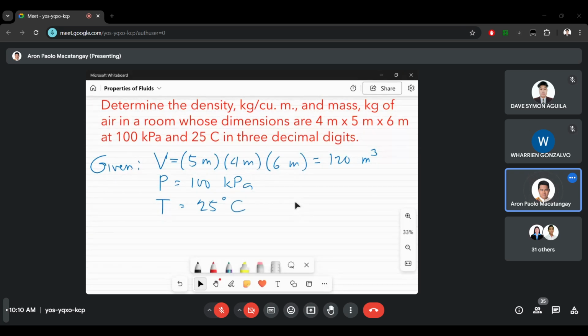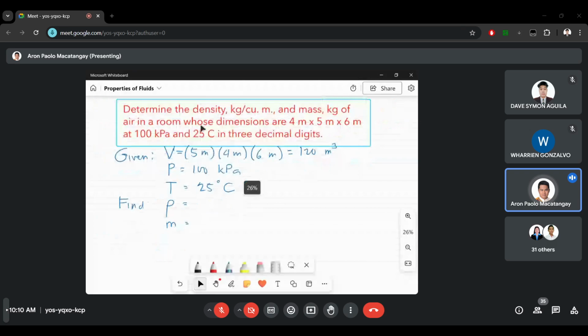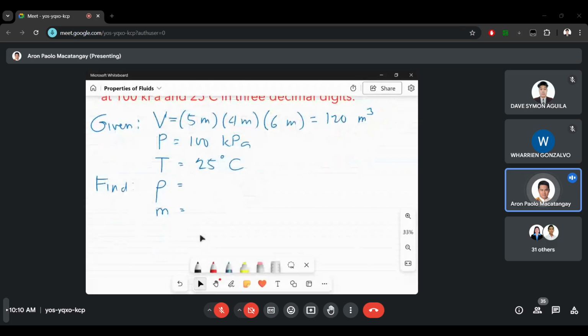Okay, next, I need to write what is needed. Given here, determine the density and mass. So density and mass. And then I will write the necessary equations I need to solve for that.